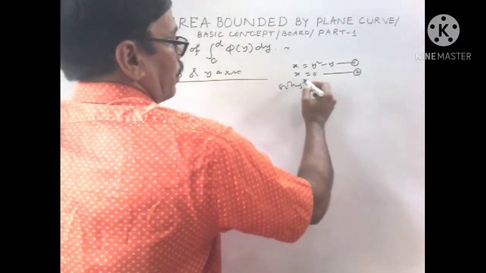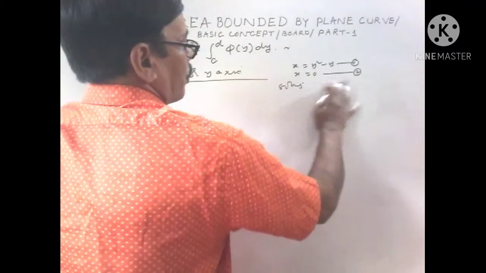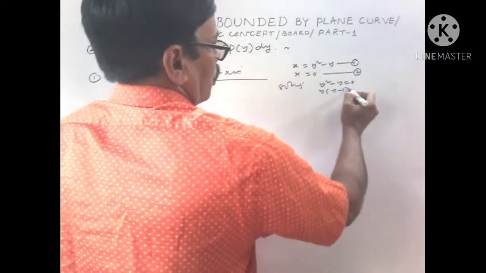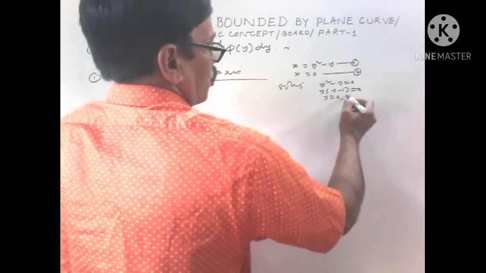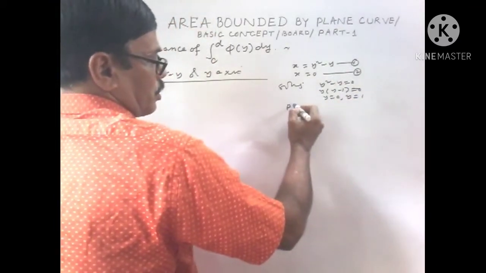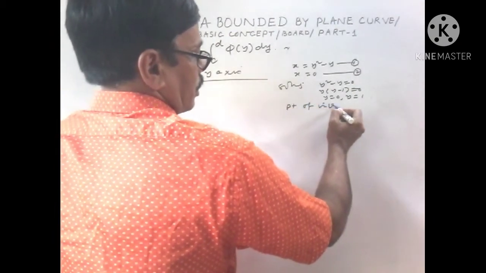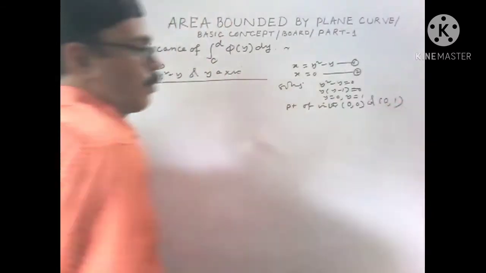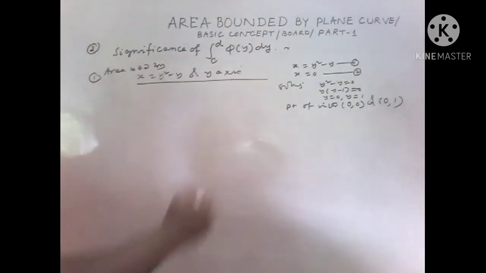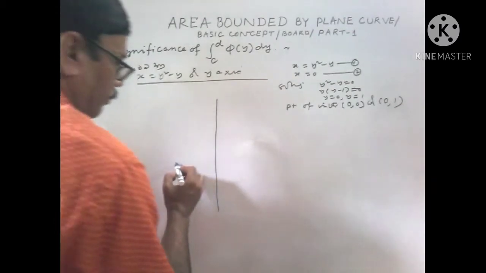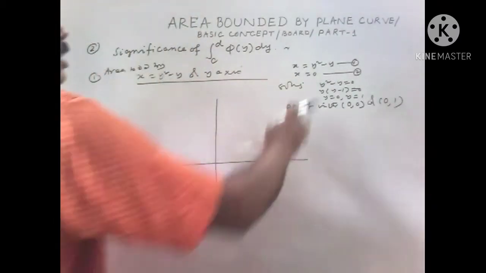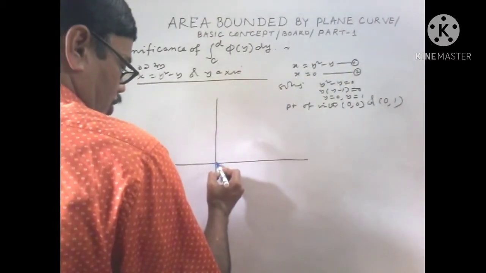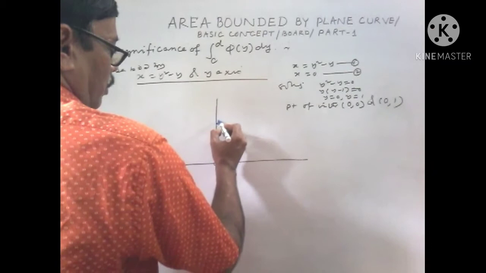Solving, we get the points of intersection from y square minus y equals 0. So y is 0 or y is 1, and x is fixed. So the points of intersection are 0, 0 and 0, 1. So this is the parabola x equals y square minus y. It cuts the y-axis at 0, 0 and 0, 1.